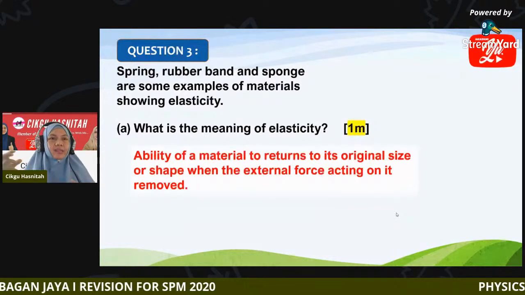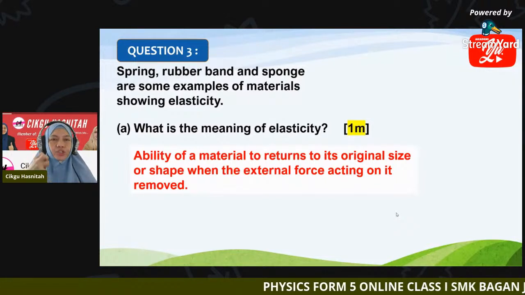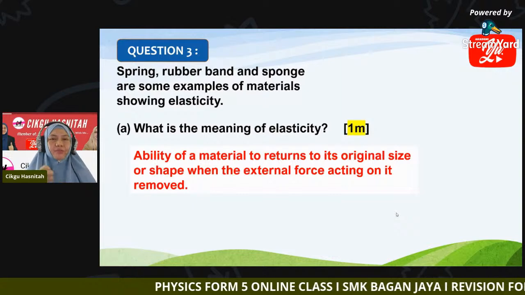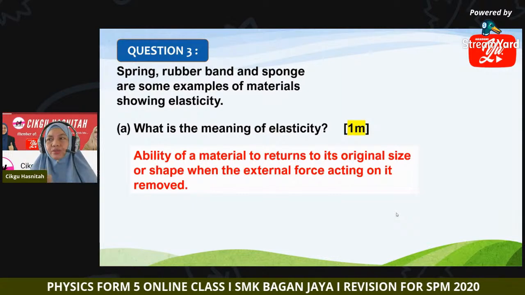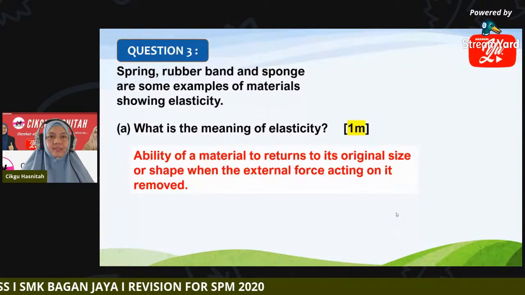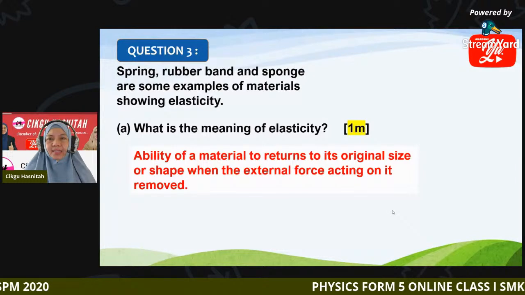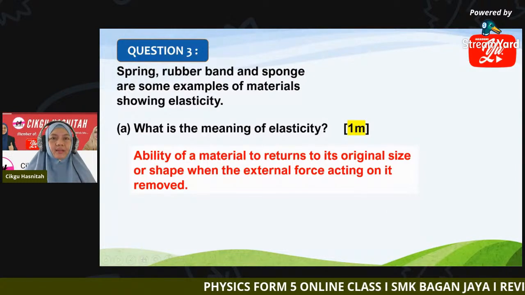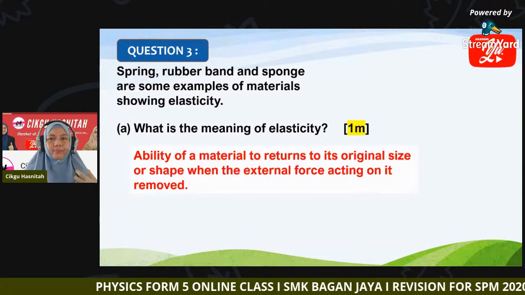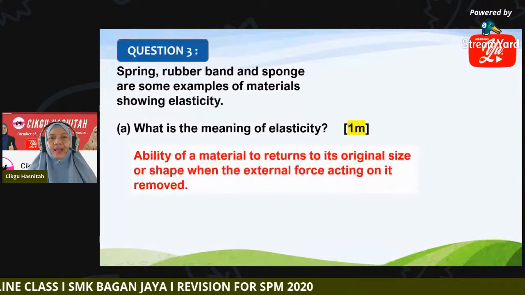So the material will return to its original size or shape when the external force applied to it was removed. Definition for elasticity. The keywords are return, original size or shape, external force removed. All right. Next, B.